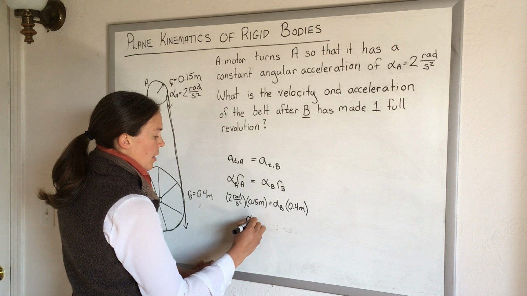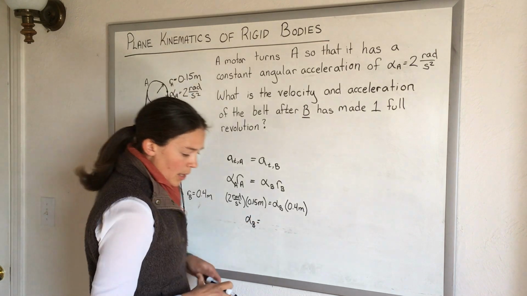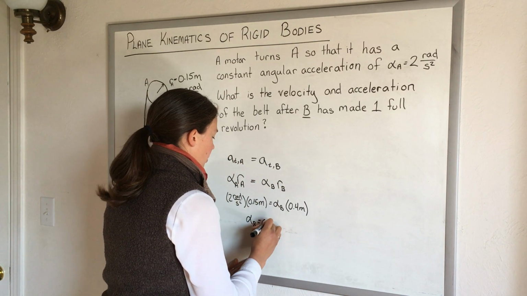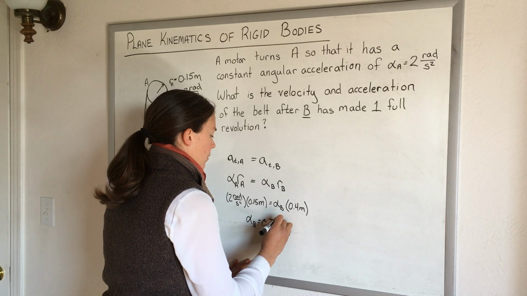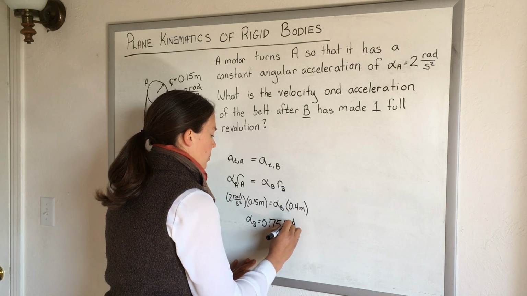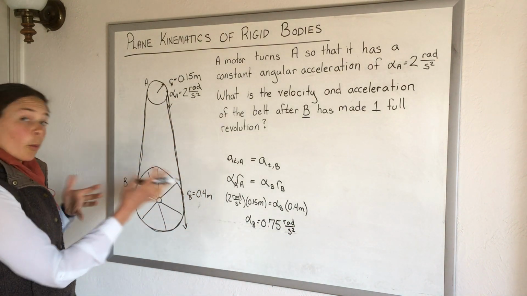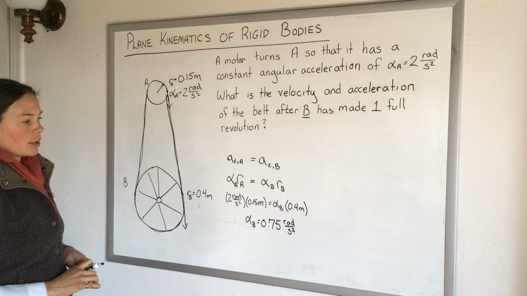And this gives us an angular acceleration of B of 0.75 radians per second squared. So this is one part of how A and B are related.